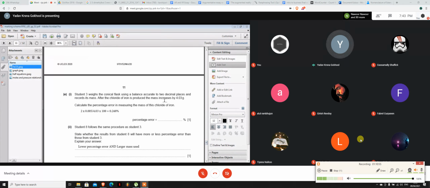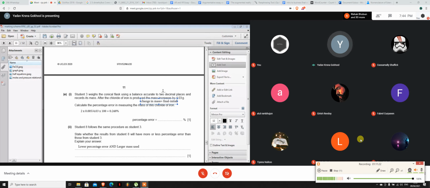So here you will see that here we have a change in mass. So how do we get change in mass? Change in mass is final minus initial. So when I'm taking the final, I'm having an error. I'm taking the initial, I'm having an error. That's why we have to multiply by 2.